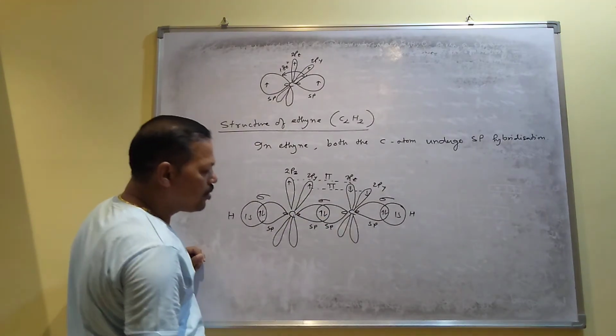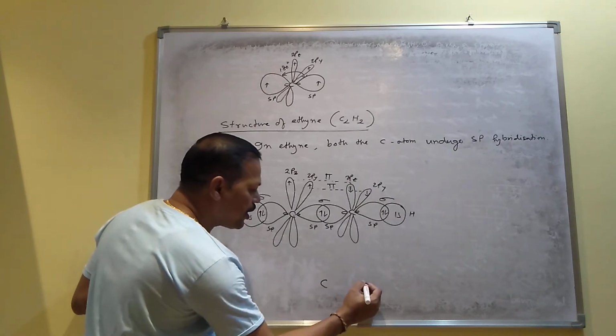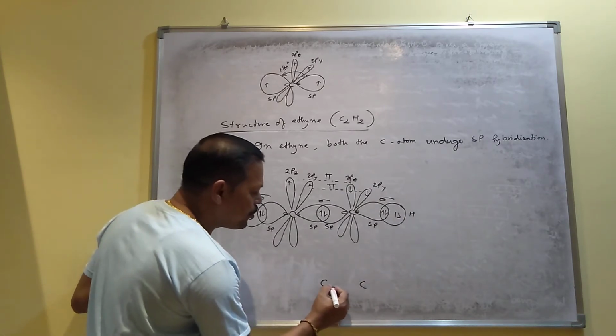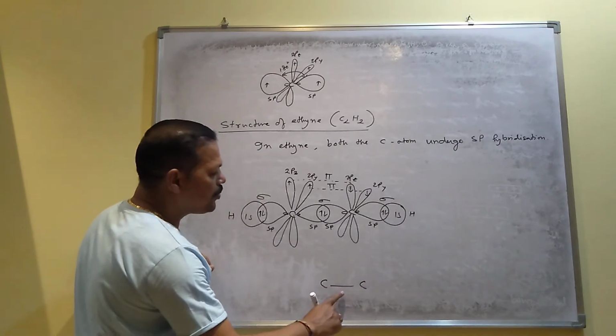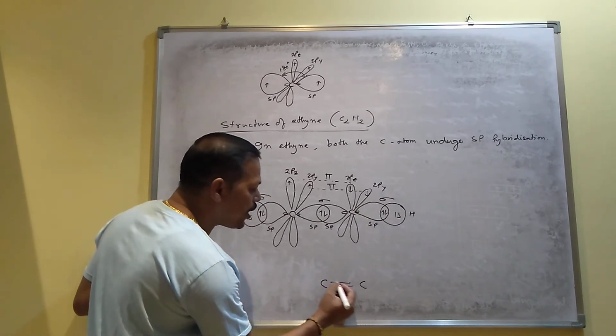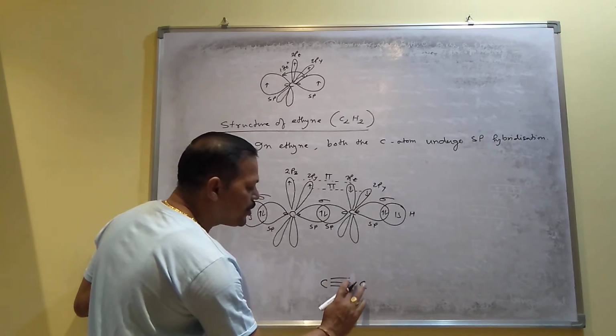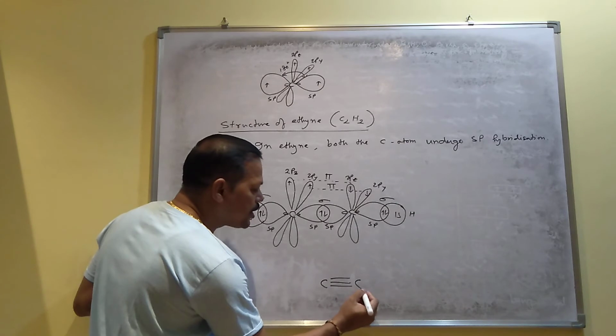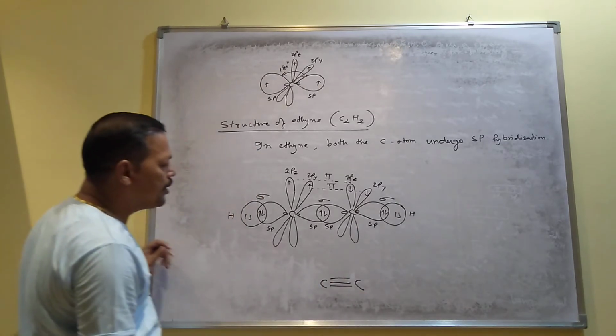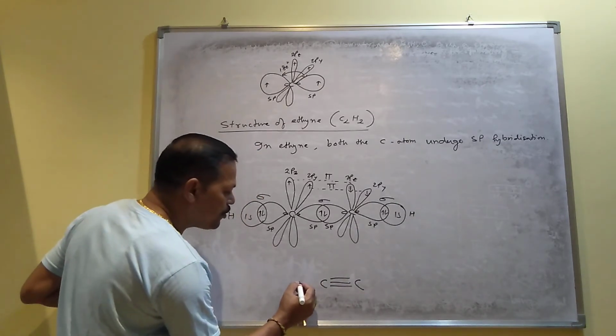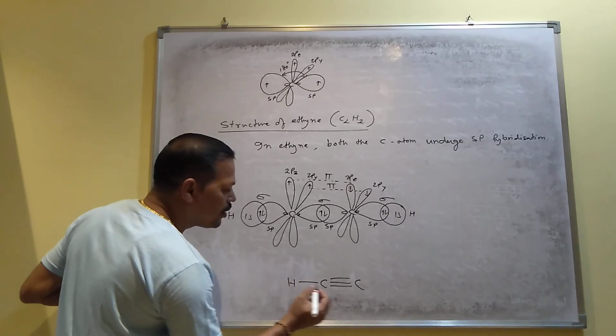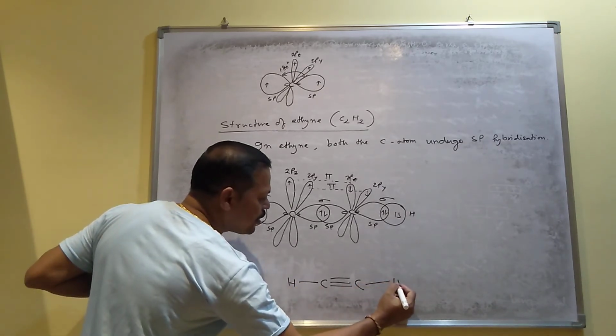So between carbon and carbon, first they produce a sigma bond. After production of the sigma bond, they produce two pi bonds. I mean, in a triple bond, one is said to be sigma, and the other two bonds are said to be pi. This side one sigma bond with hydrogen, this side one sigma bond with hydrogen.